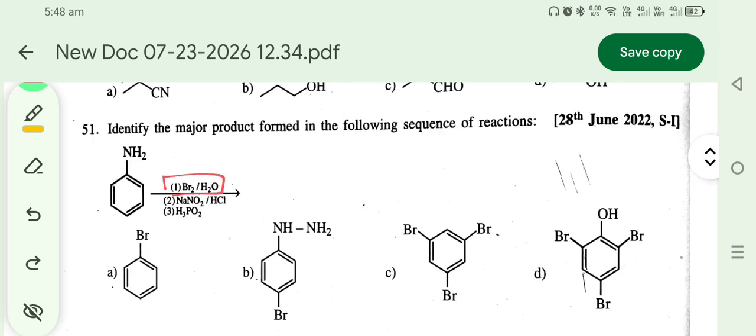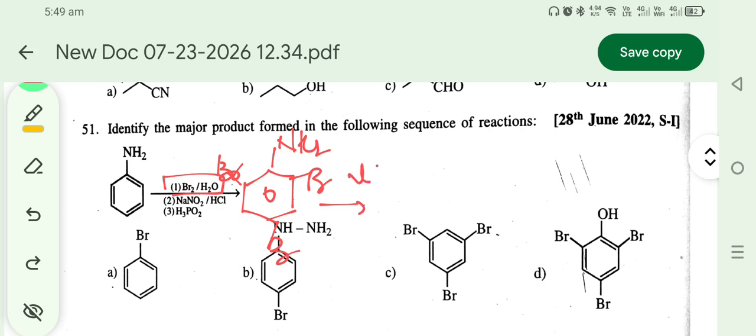Aniline with bromine water gives 2,4,6-tribromoaniline. It reacts with NaNO2, formation of diazonium salt taking place.